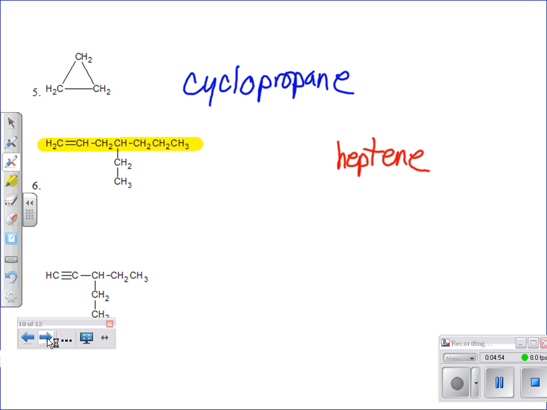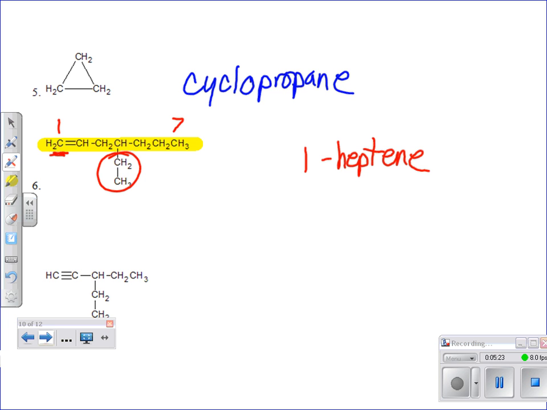What else do we need to put in there? 1. What's a 1, right? So we've got this carbon right here, which is our first carbon where we've got that double bond. So a 1-heptene. Anything else? Okay. We've got an ethyl, and it's coming off of carbon number 4. Because I started this as being number 1, and this over here is number 7 for my carbon, I must keep that numbering system.